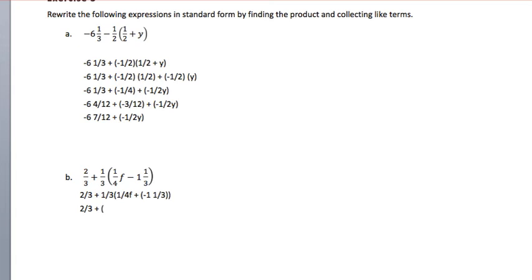And we'll have 1/3 times 1/4 f plus 1/3 times negative 1 and 1/3, but we'll change our negative 1 and 1/3 to an improper fraction. So it'll be negative 4/3.